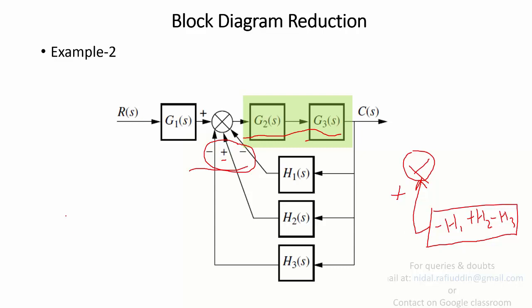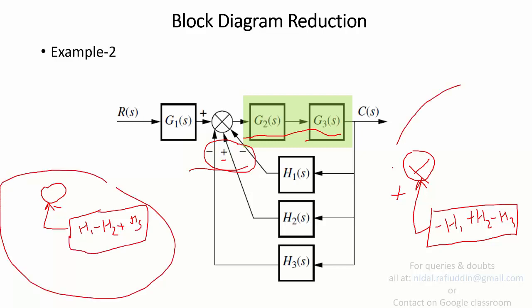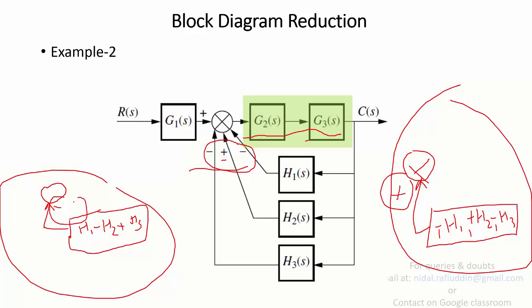Else, the other way around is that you feed the signal to the comparator with a negative sign while taking H1 as positive, H2 as negative, and H3 as positive. These two arrangements have no difference at all. They have the same meaning. Had you taken a negative sign here, you would have been bound to take this as positive, this negative, and this positive. So they have the same meaning.